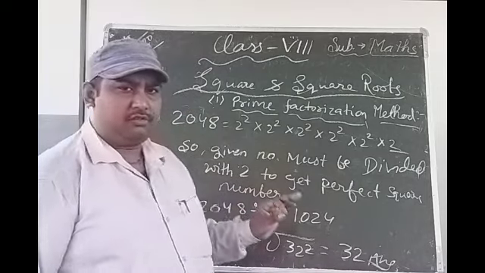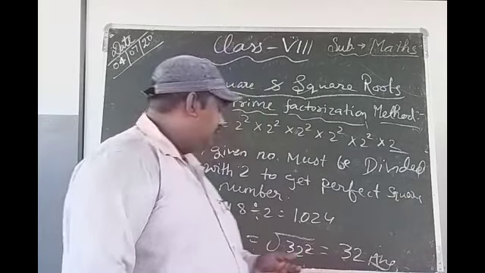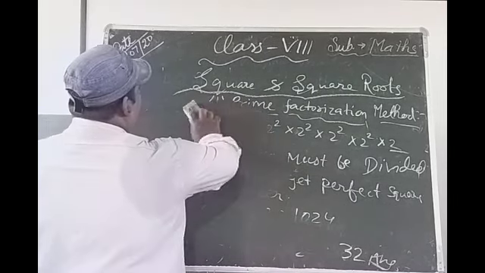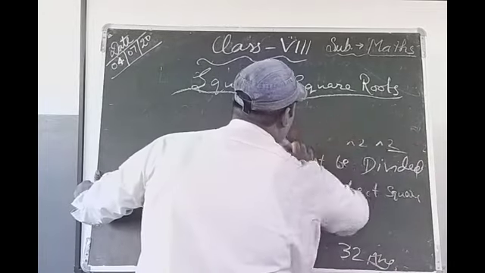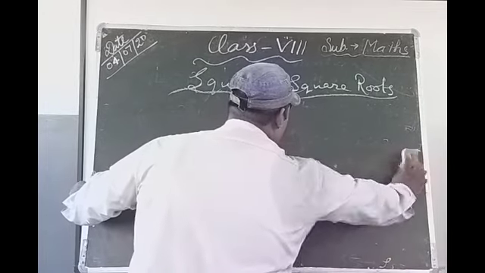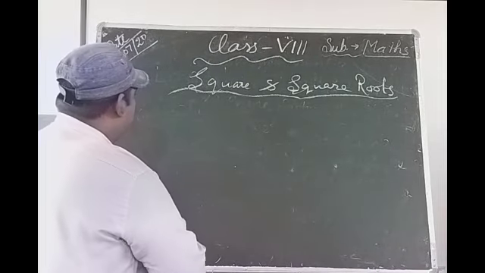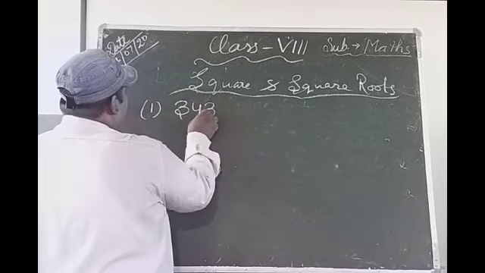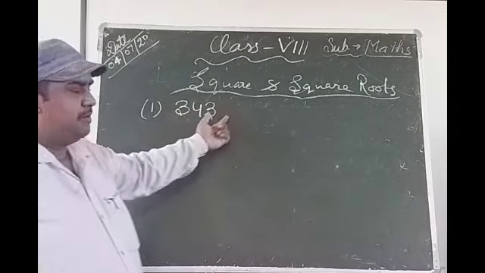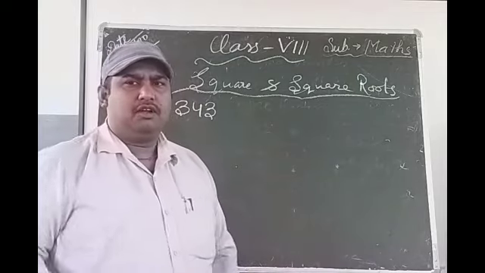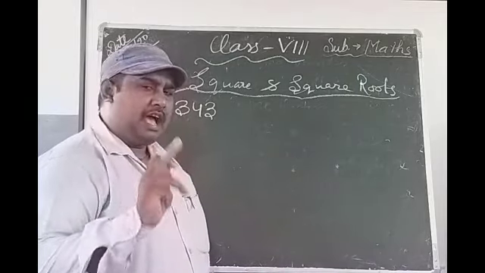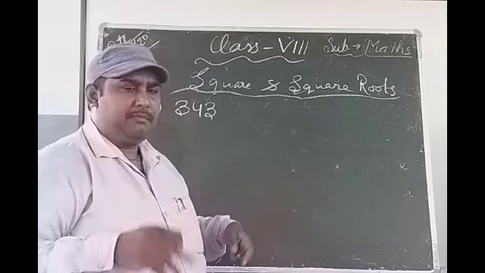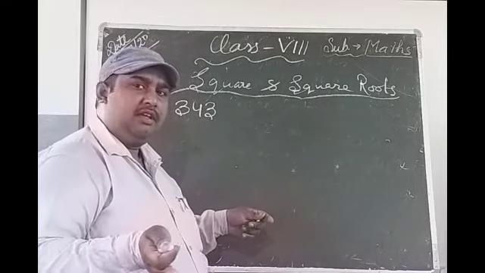Okay students, now we will learn next. One more question you see, suppose the number given is 343, and the question asked is: find the least number which must be multiplied with the given number to make it a perfect square number, and also find the square root of the new number.